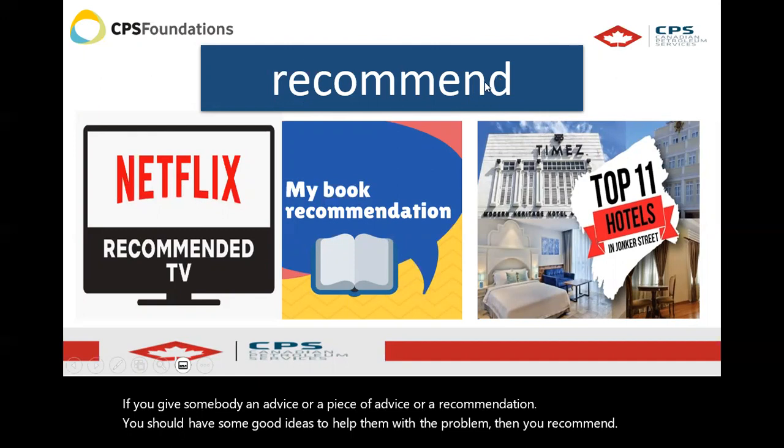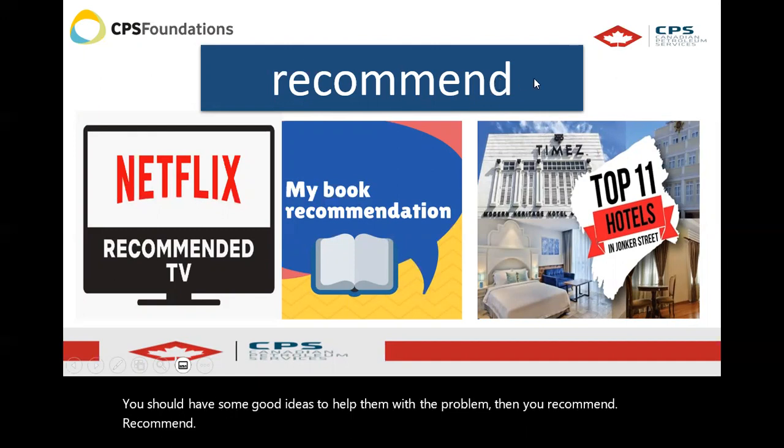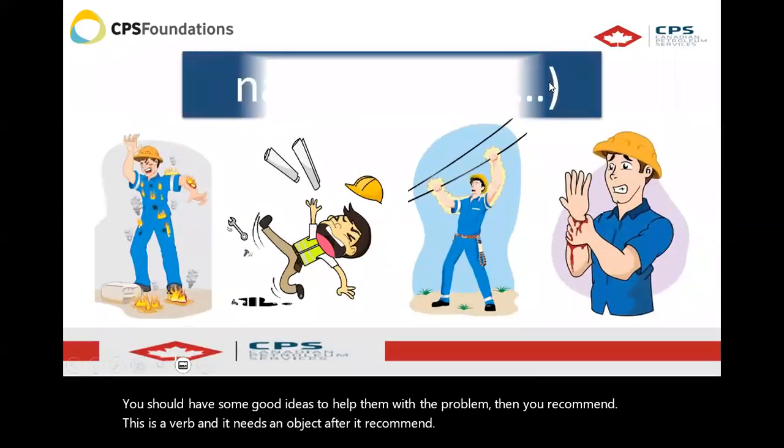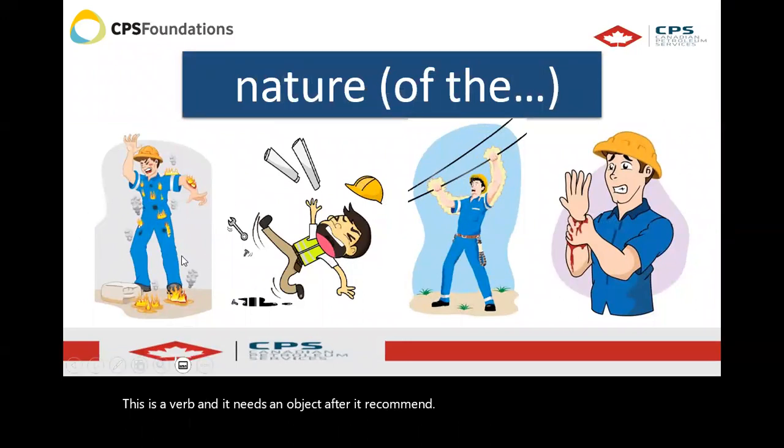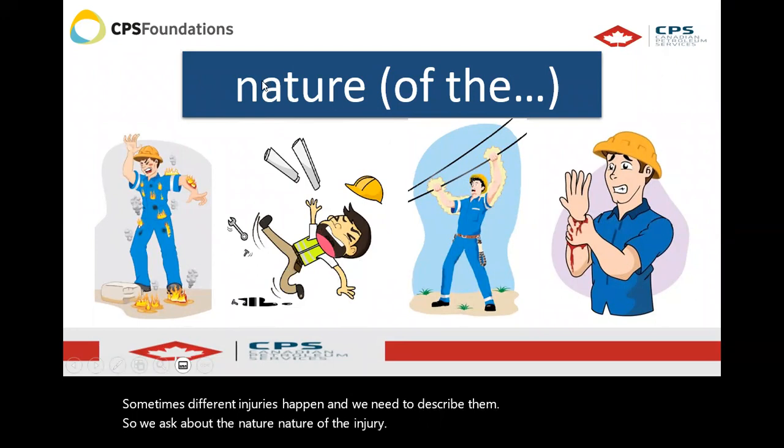This is a verb and it needs an object after it. Sometimes different injuries happen and we need to describe them. So we ask about the nature of the injury. Nature means the state of an injury.